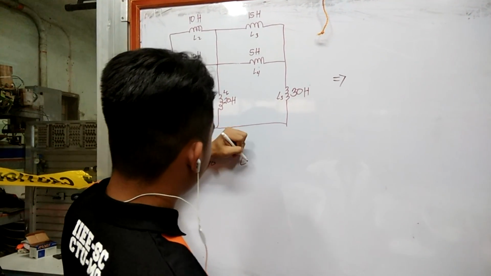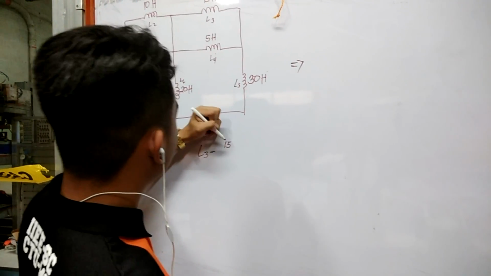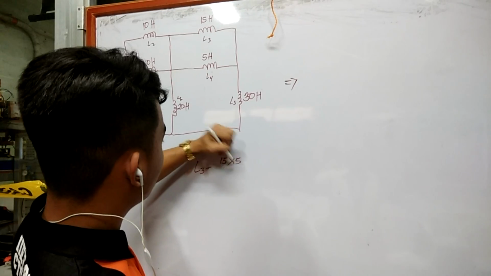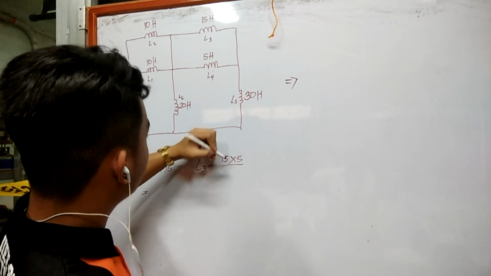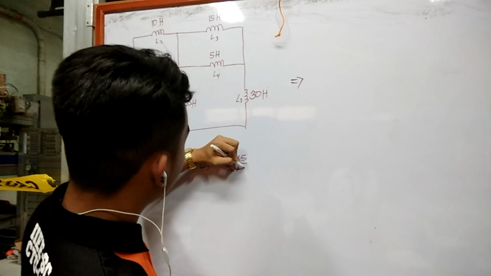And also here, L3 and 4: L3,4 is equal to 15 times 5 over 15 plus 5.